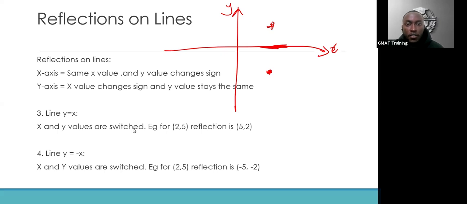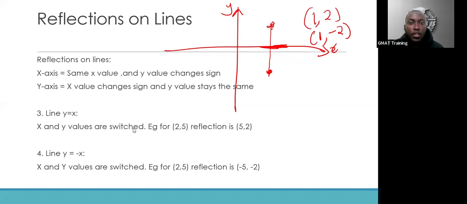Same value for x, but the y value changes sign. So if you reflect 1, 2, it has the same x value, 1, and the y value changes sign, goes to that point. So point 1, 2 reflected on the x-axis becomes 1, negative 2.